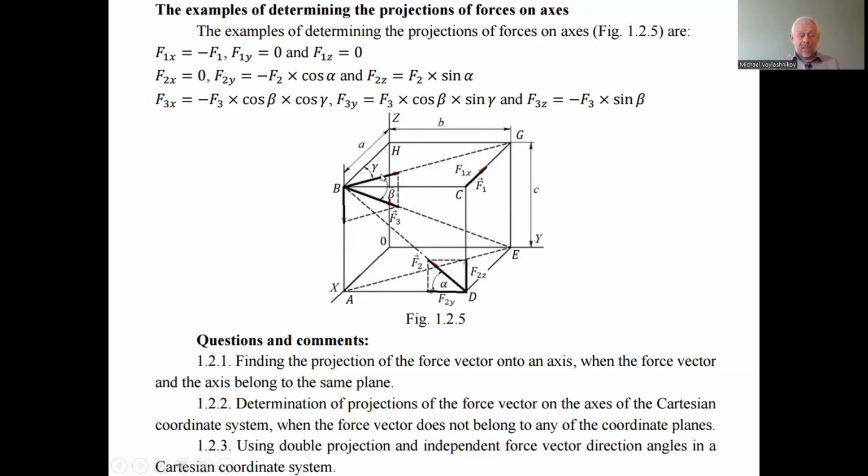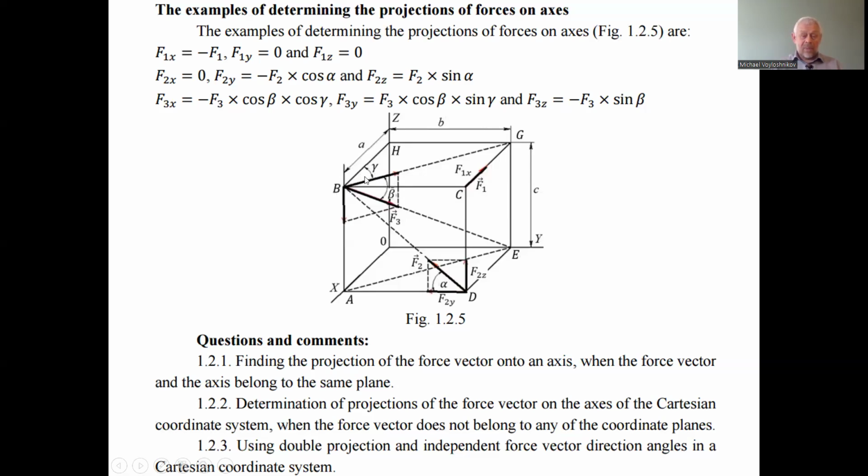BHGC, this angle beta, and we have the projection of this force F3 on the plane BHGC. Next we use the angle between the direction of this force in this plane relative to the x-axis.